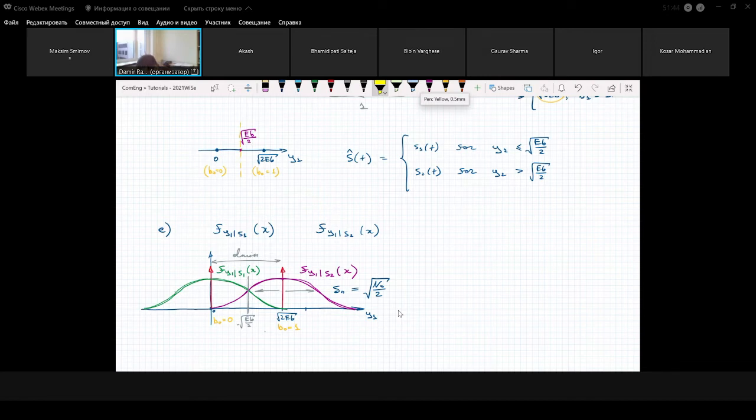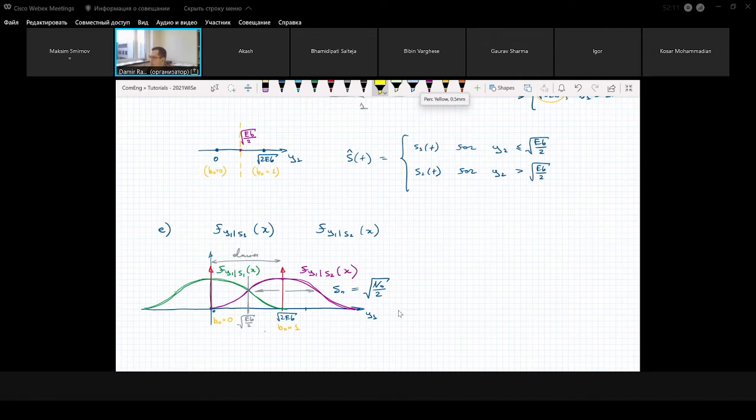So again, I want to draw your attention to the fact that we have a threshold. Whatever voltage we get above the threshold, we say that we received the bit B0 equals 1. And whatever voltage is below the threshold, we say that it was transmission of bit 0. So it's a very simple algorithm.